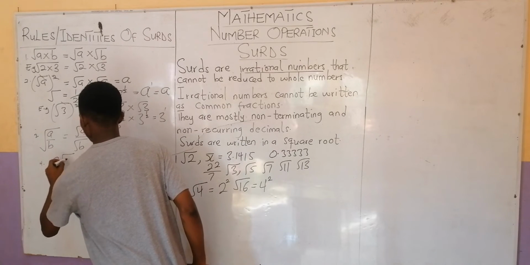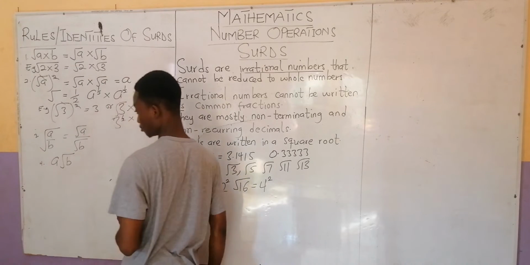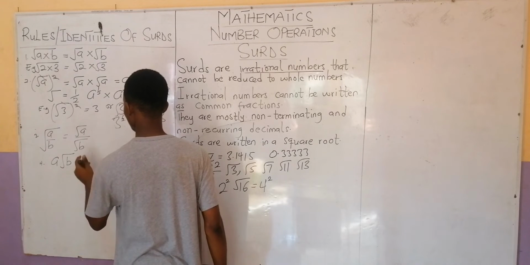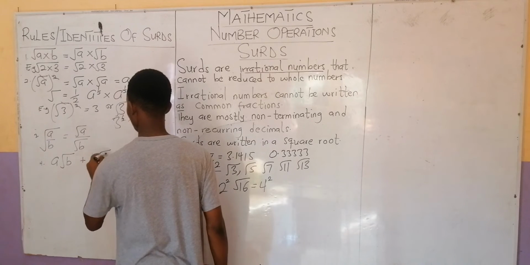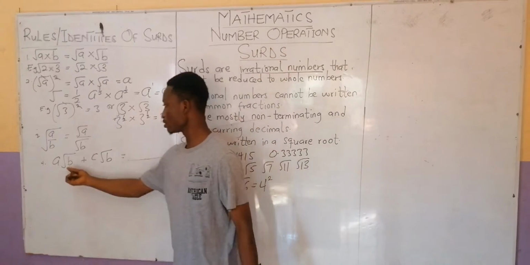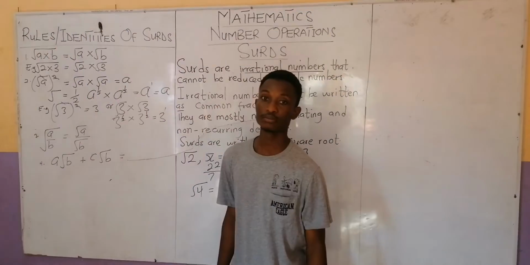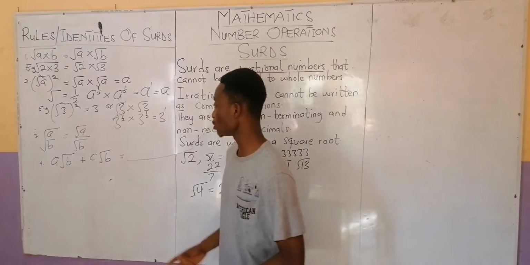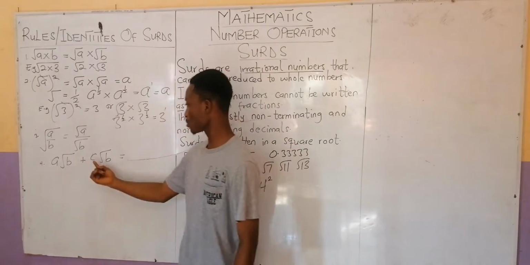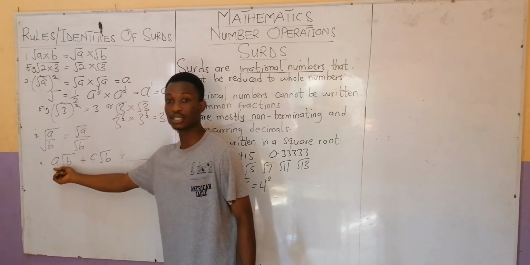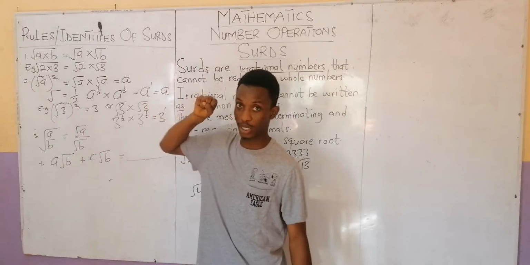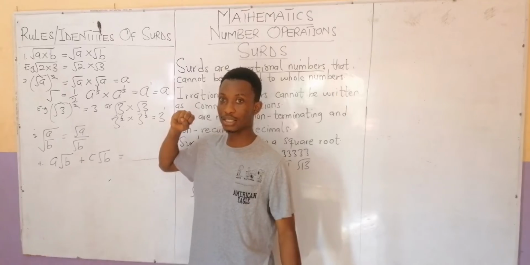A root B plus C root B. This one is an addition of surds. Here, what do you do? You add the coefficients, the ones in front of the surds, and since the numbers in the roots are the same, you just pick one, just like indices.